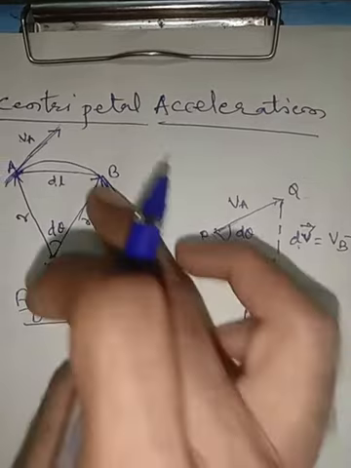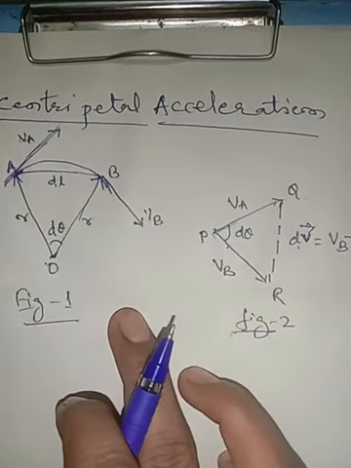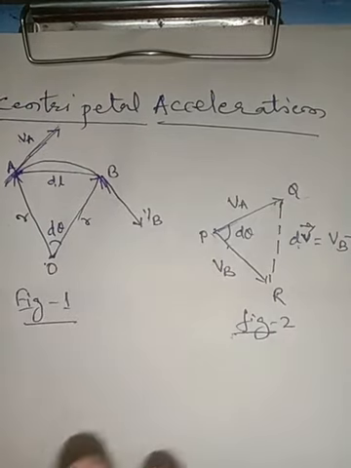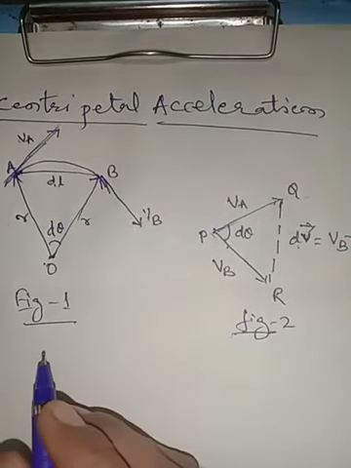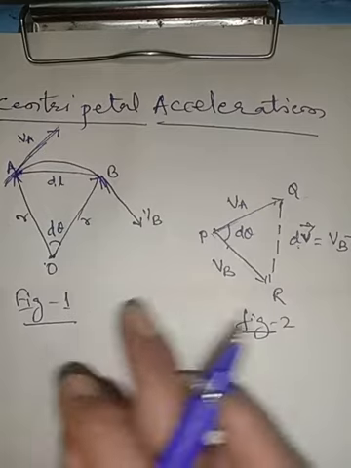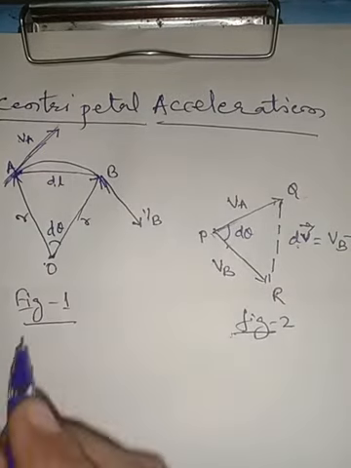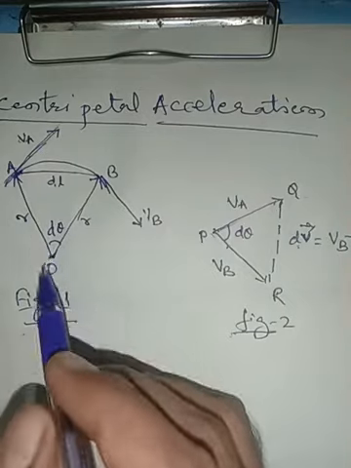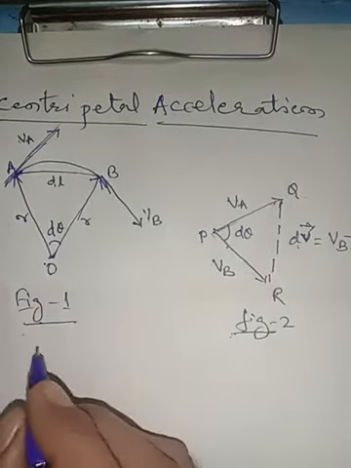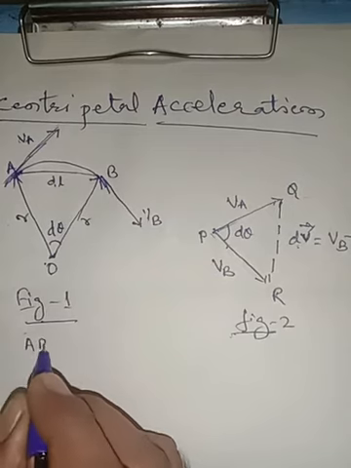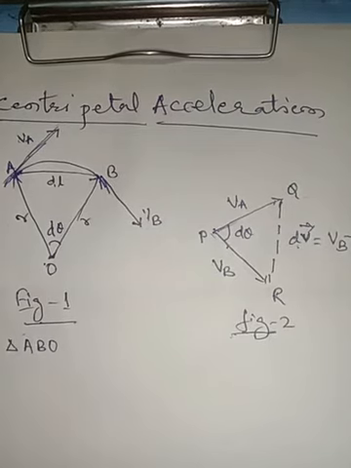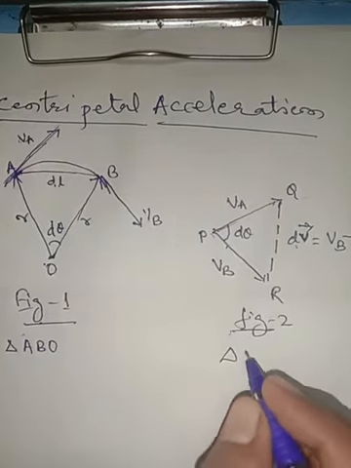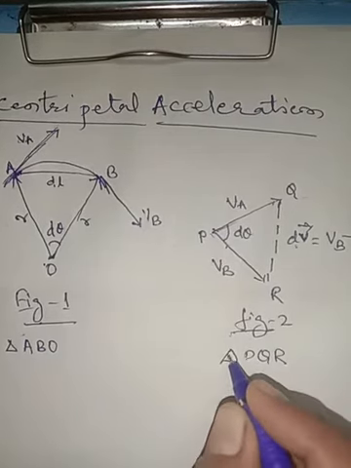Now for deriving, we have to consider two triangles from figure 1 and figure 2. In figure 1 we consider the triangle ABO, and from figure 2 we consider the triangle PQR.